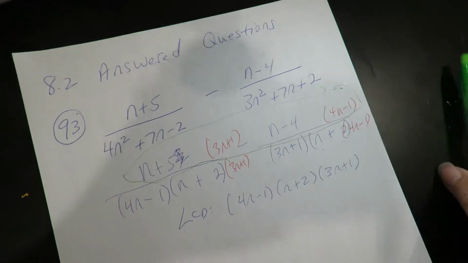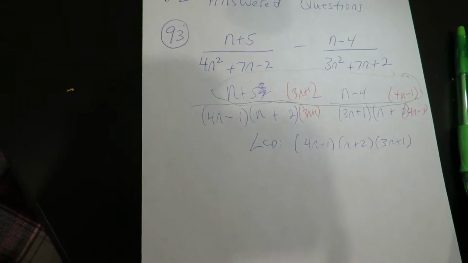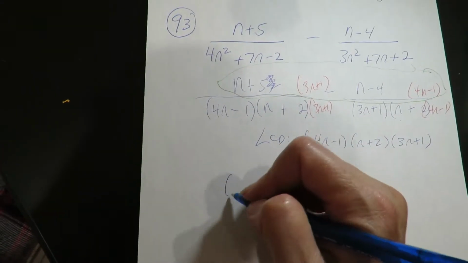So now we have to combine the numerator. Okay, this is what makes it fancy. So let me add an extra step here so you can see it better.